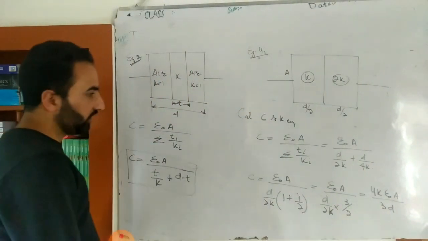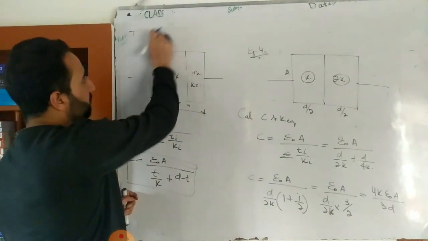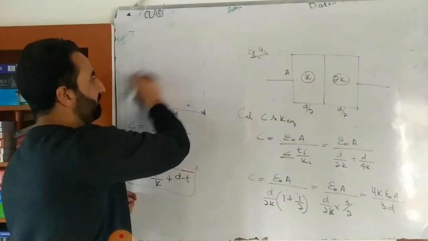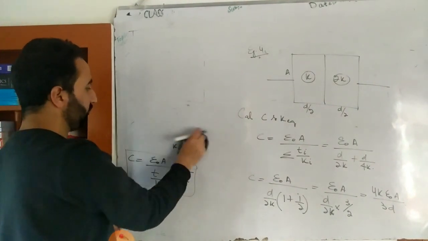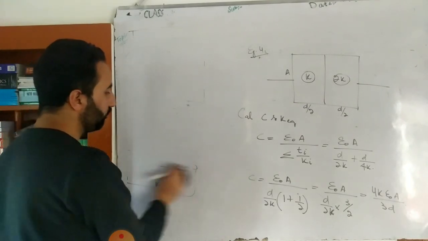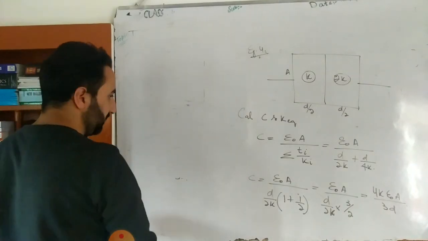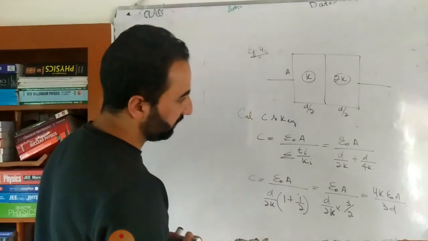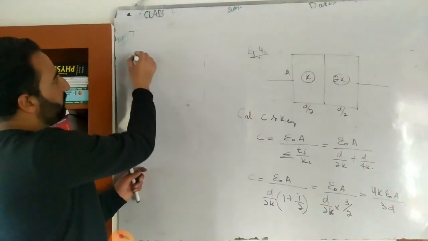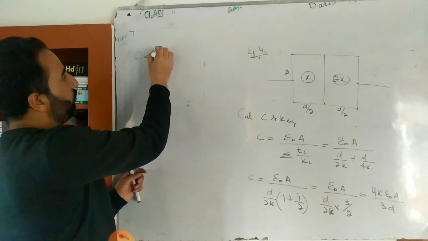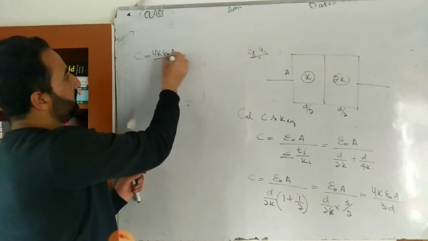Done? Now you want to calculate the equivalent dielectric constant. We will not apply a separate formula; we will get it from the same place. Concentrate on this. We have calculated the equivalent capacitance, that is 4K epsilon 0 A divided by 3d.